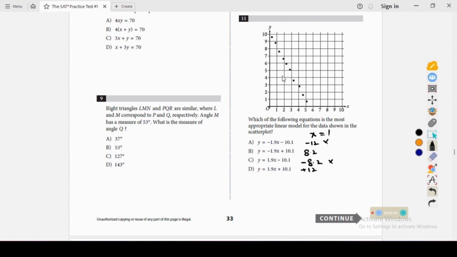As x is 1, the plus 12 value of y is not close to x, but the value of y as 8.2 is nearly close to x. At this point, the graph will be more nearly close to the value of x. So, B is the right answer.